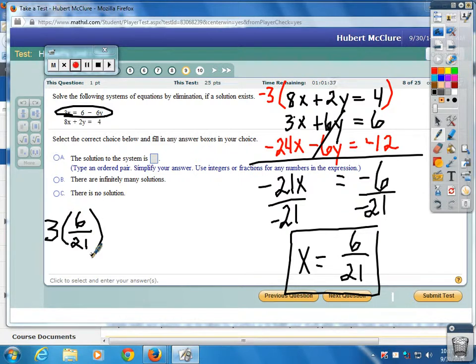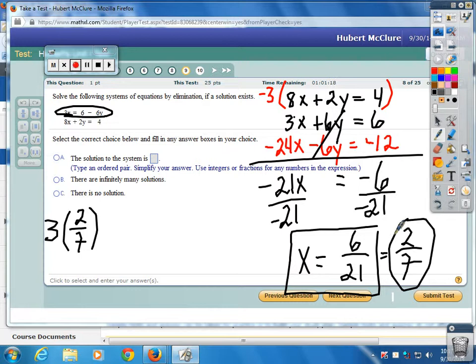Okay, 3 times that is 2 over 7. Two over 7 is equal to 6 minus 6y. And that's 6 over 7 is equal to 6 minus 6y.